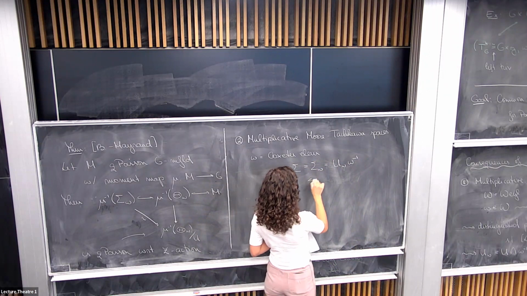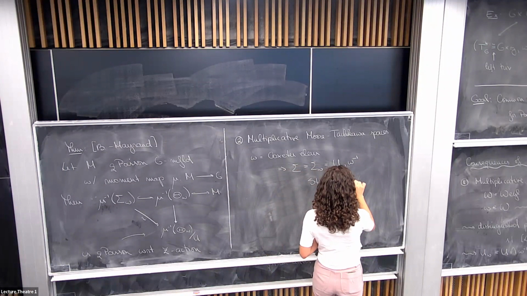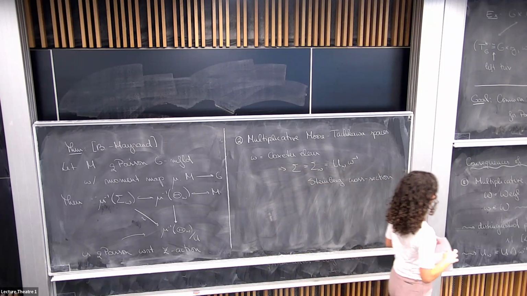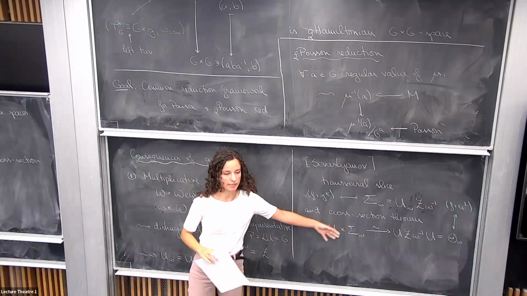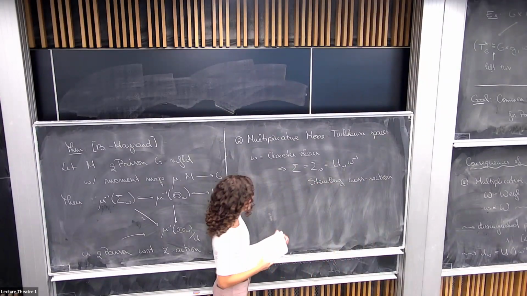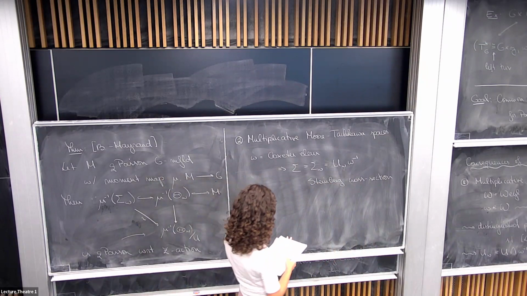This was introduced by Steinberg, and this cross section is proved by Steinberg in the special case of this regular slice. So this is a cross section to the regular conjugacy classes in the group G.